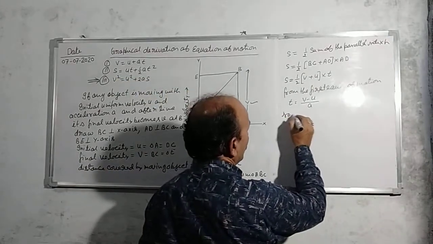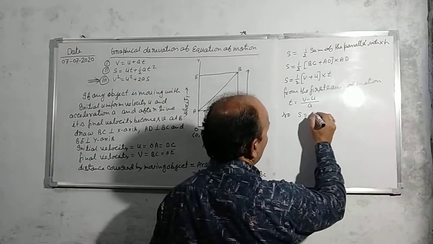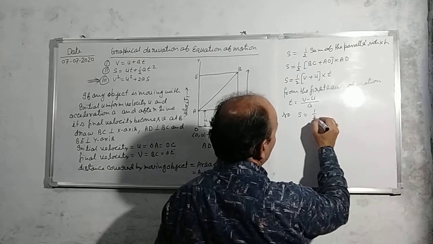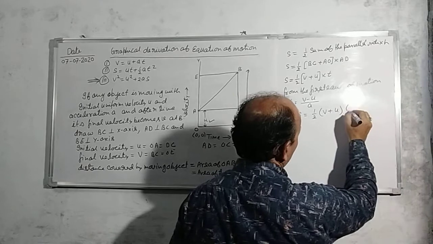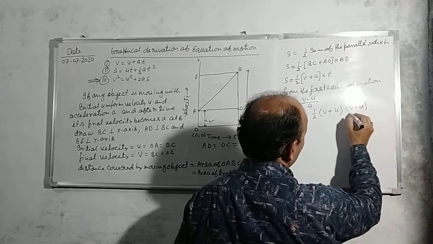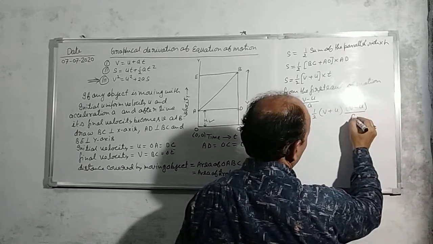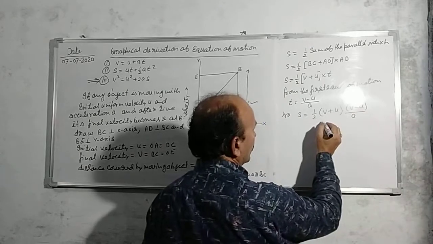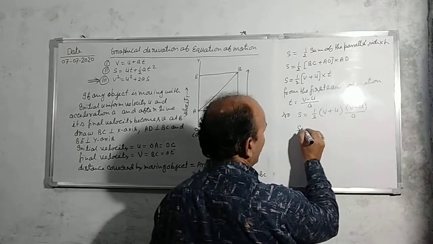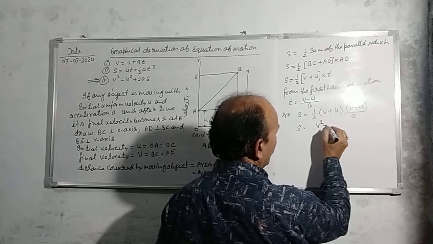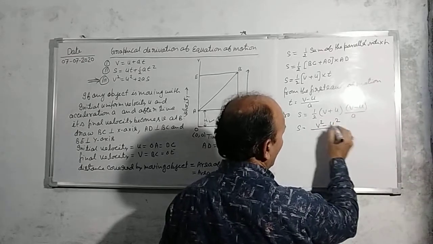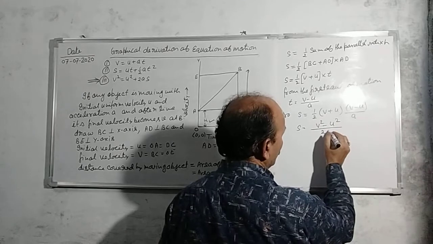So s is equal to 1/2 (v plus u) in bracket, (v minus u) upon a. After applying cross multiplication, using (a plus b) into (a minus b) equals a square minus b square, we get v square minus u square upon 2a.